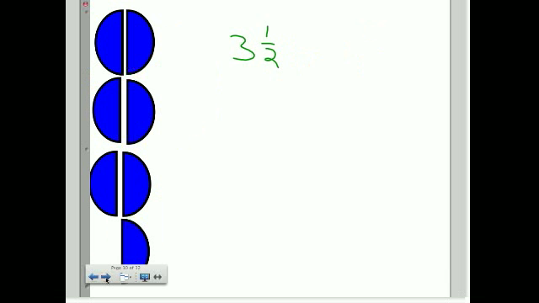In our next example, I have 3 1/2. I want to make this an improper fraction, so I'm going to start by writing the denominator. I'm working with halves, so the denominator is 2. I'm going to multiply 2 times 3 because we're working with halves.